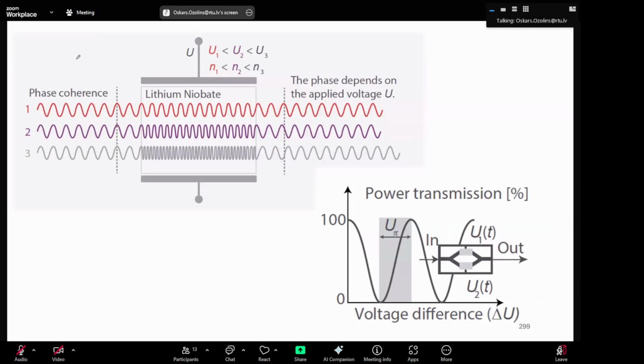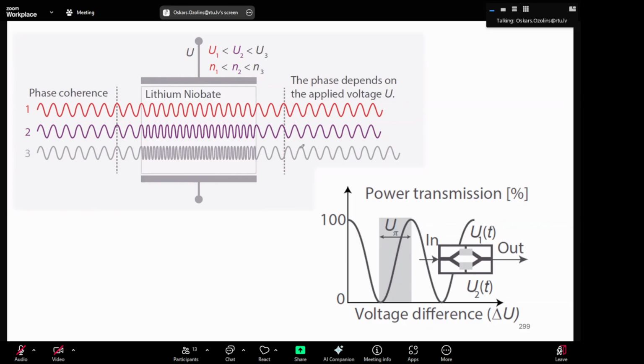Here is a little bit about what happens in lithium niobate. It's one of the conventional materials which is used to create this modulation, and here you can see how the different phase looks like.